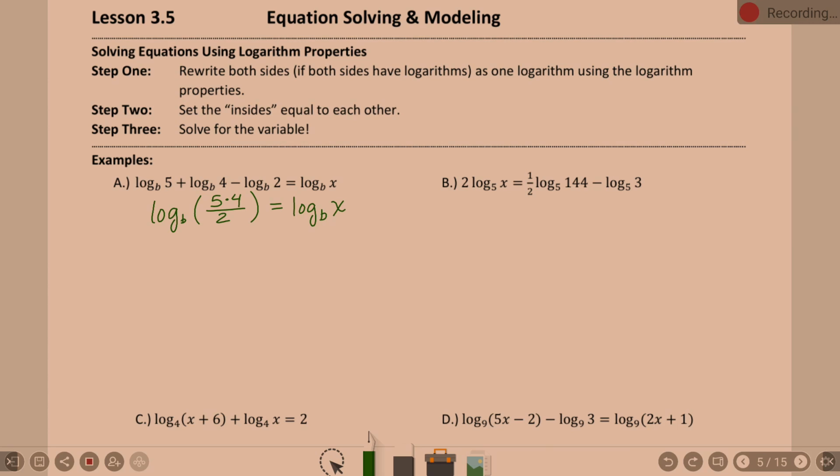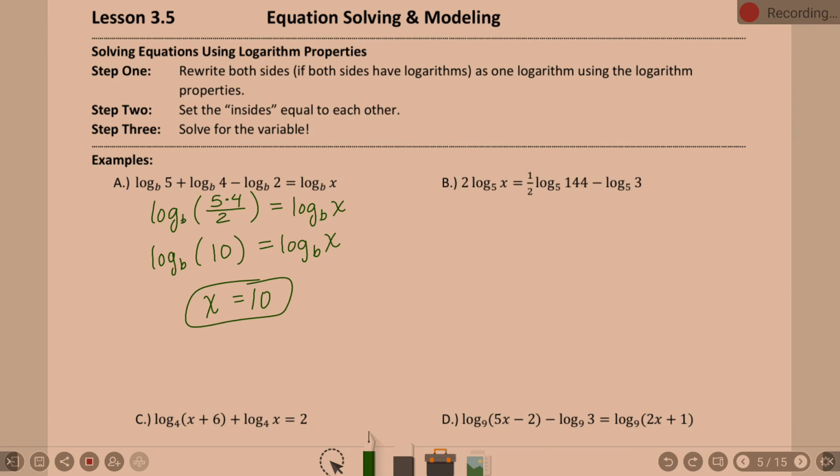The log being subtracted shows as division. If we clean that up, log base b of 10 is equal to log base b of x. What do you know? X is 10. Both sides are log base b. Since both sides are log base b, then we know that x is 10.